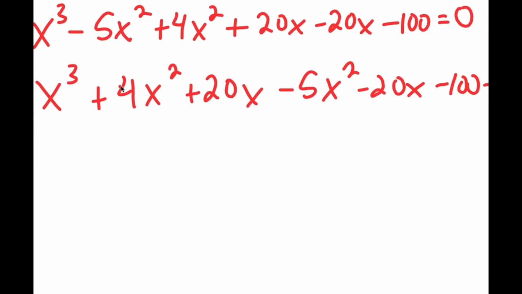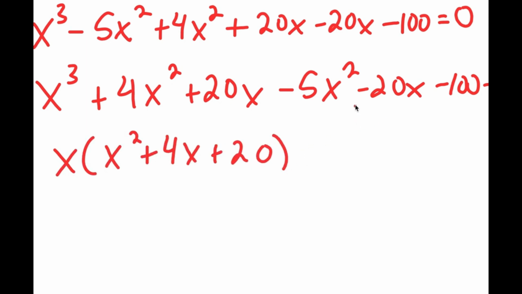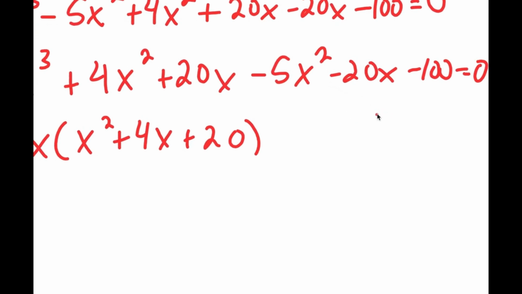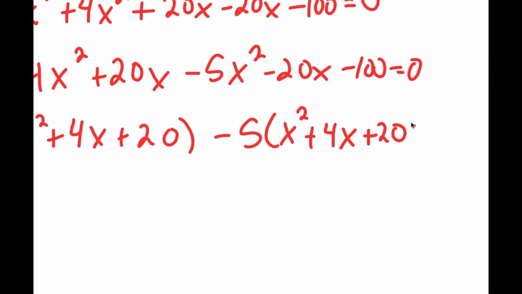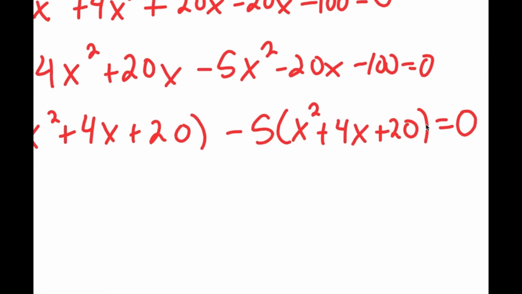From x to the power of 3 plus 4x squared plus 20x, I can factor out x, so I get x times x squared plus 4x plus 20. And from negative 5x squared minus 20x minus 100, I can factor out negative 5, so I get negative 5 times x squared plus 4x plus 20, which is equal to 0.